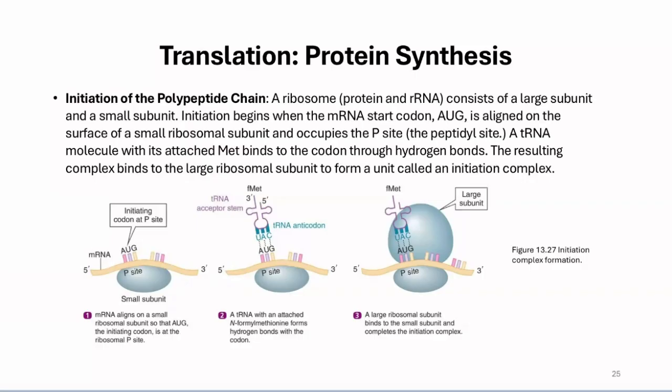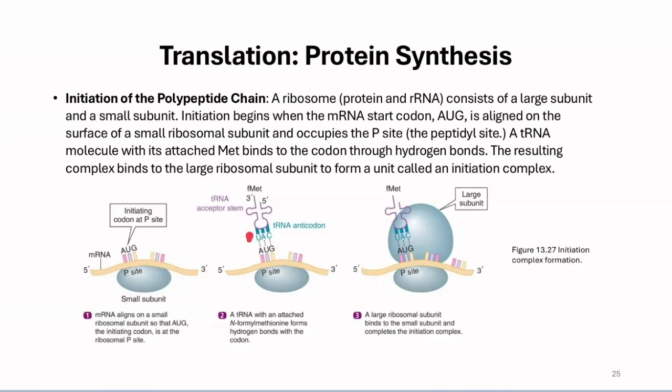And that is placed specifically in what is called the P site of the small ribosomal subunit. Then a tRNA that identifies AUG as methionine is going to bring in what is called N-formyl methionine, and is going to form a hydrogen bonding event with the codon.